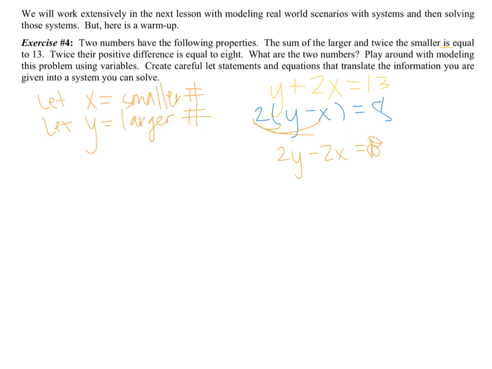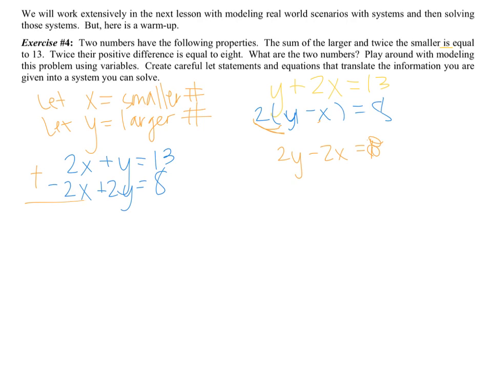I don't know why I said that it needed to be multiplied by the 8 also, because the 2 only applies to the y and the x. So 2y minus 2x equals 8. We're going to rewrite those. I have 2x plus y equals 13. Negative 2x plus 2y equals 8. I just rewrote it so the x's come first in both equations.